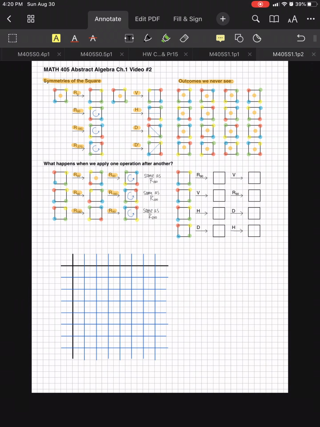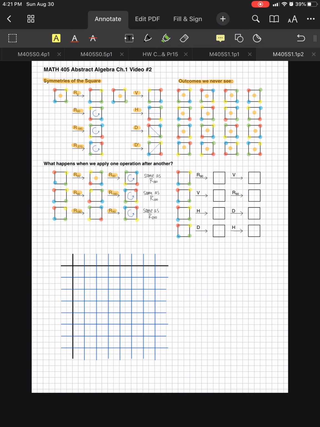And you could probably even do this with all the other possible rotations, figure out what you get if you do them in order. I imagine it wouldn't be very hard for you, but we'll finish that without actually working through it here. But what we'd like to do now is something that may not be quite as obvious. What happens when we do a rotation followed by a flip, or a flip followed by a rotation, or a flip followed by another flip? How do those things work out? Do they work out the same as the rotations did?